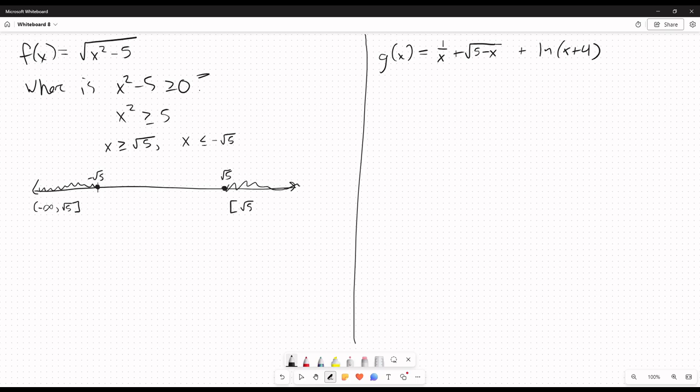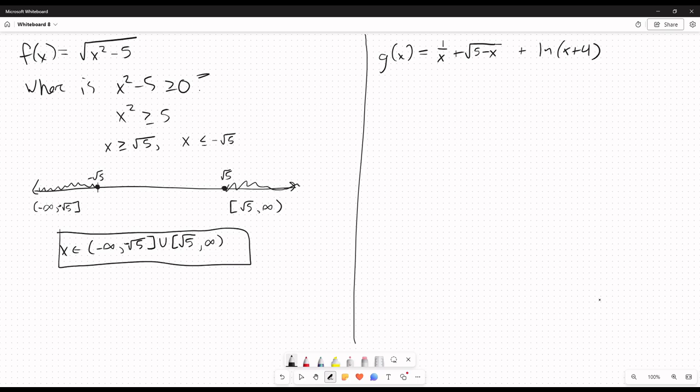And then on this side, we have square root of 5, including square root of 5, and everything bigger. So my interval notation answer for the domain would be negative infinity to negative square root of 5, union, positive square root of 5 to infinity. That would be my answer for the domain and where this function is continuous.